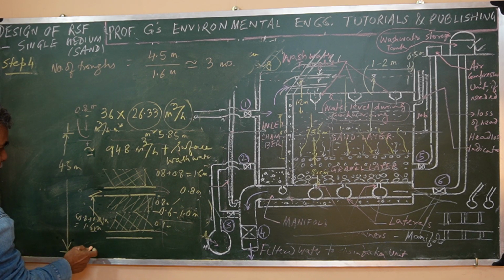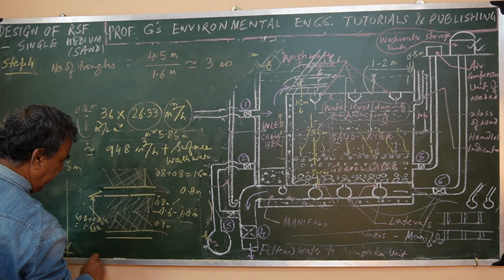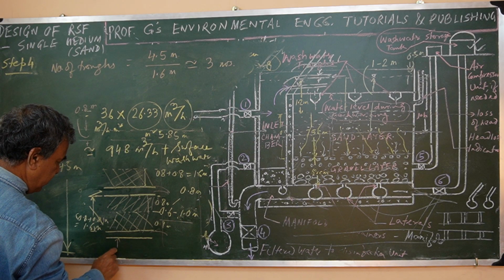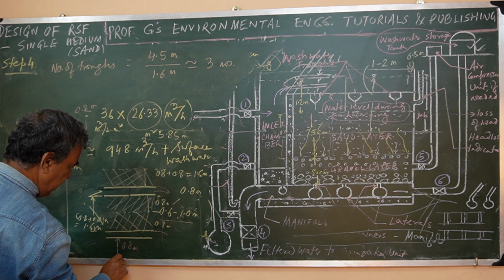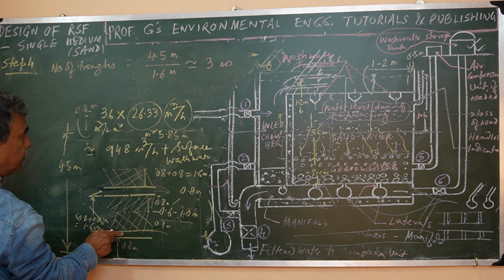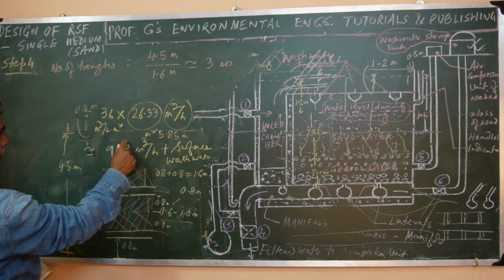As you see, suppose this is another wall here, so this will be 0.8 meter away from the wall, and here also we have kept the third one.